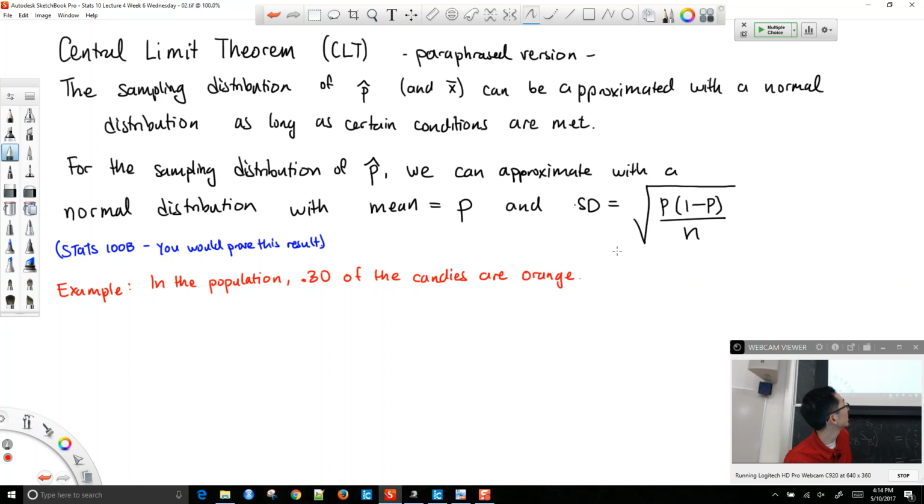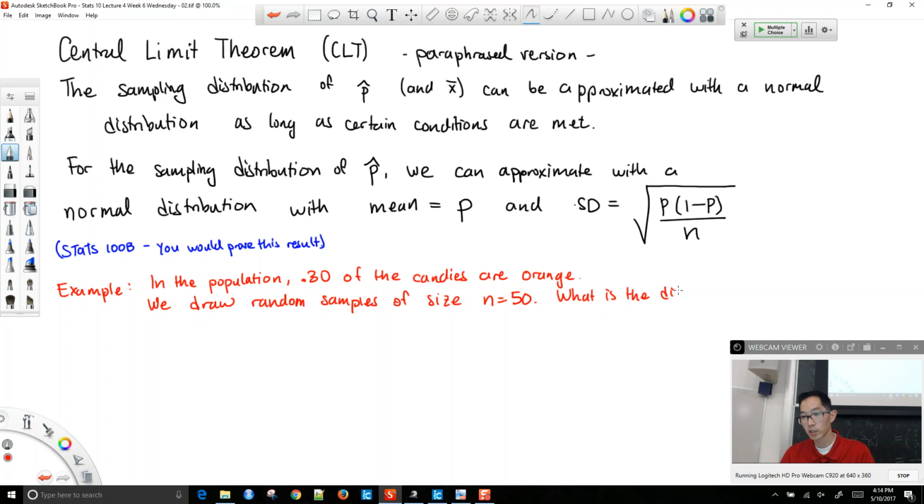Okay. And then we'll say we draw random samples of size 50. And so we can ask, what is the distribution that can approximate our sampling distribution?